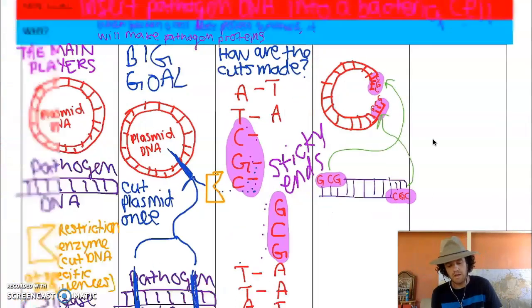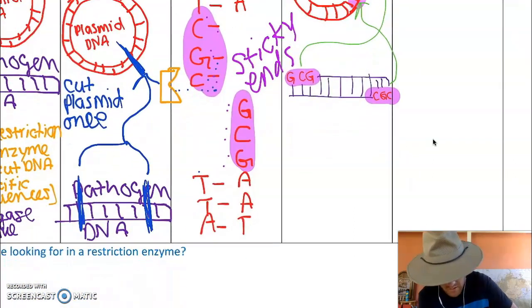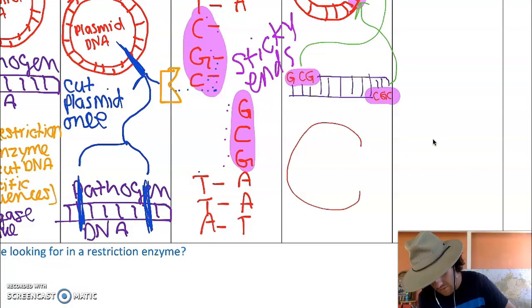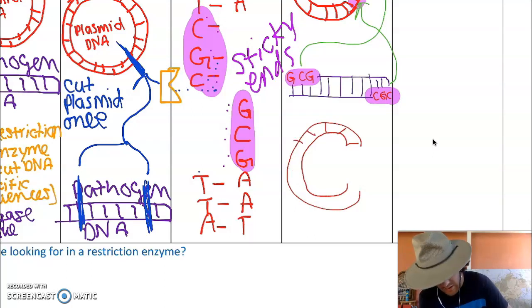So what's going to end up happening is I will have my plasmid. Let me redraw that. That is not looking too good.